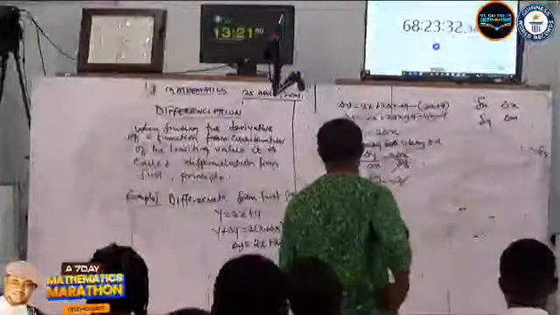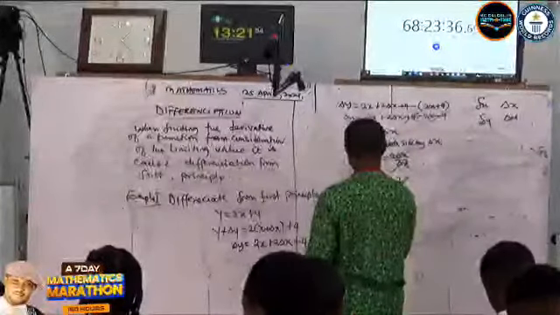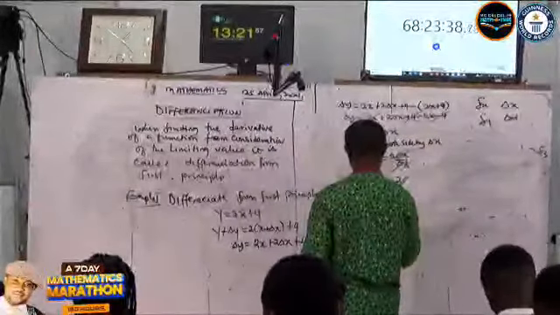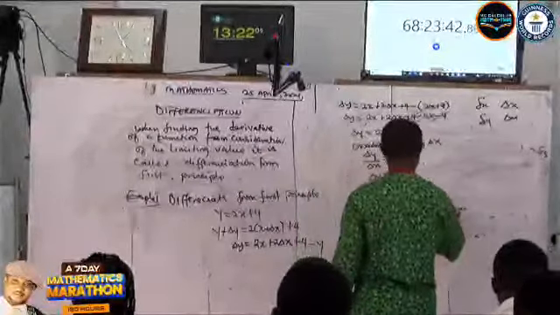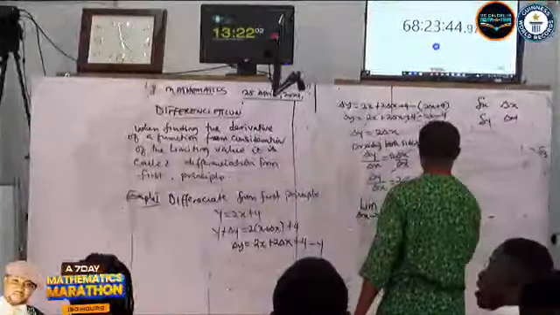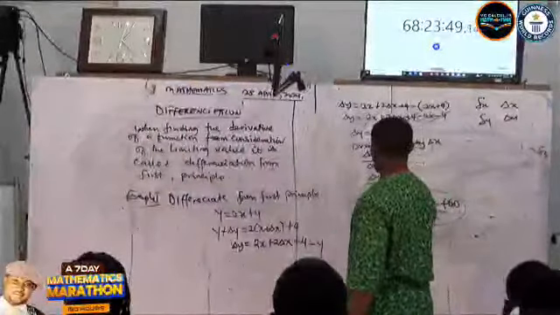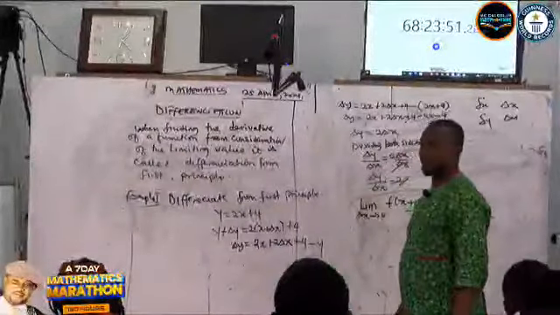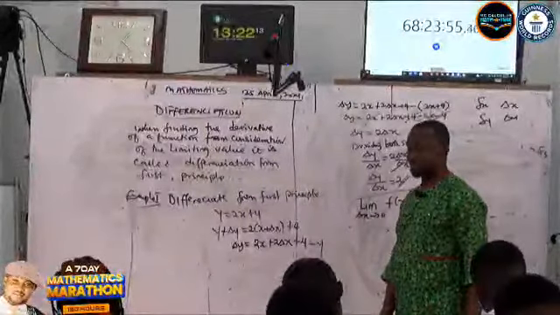Now this is what is happening. As change in x tends to 0, f of x plus change in x minus f of x, divided by change in x. That's the formula to derive. I am going to use this one also to show you.